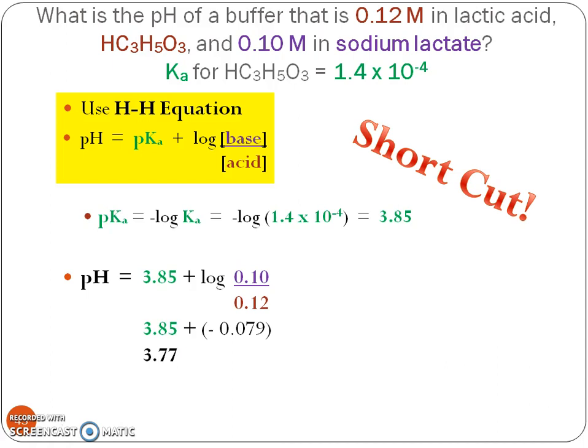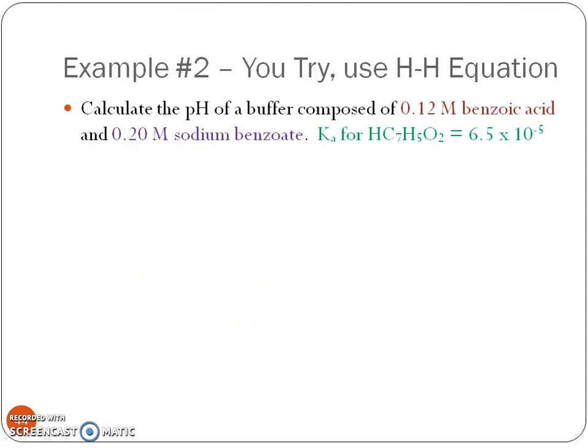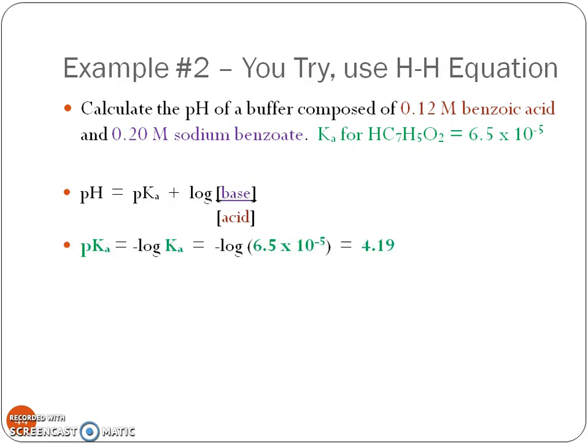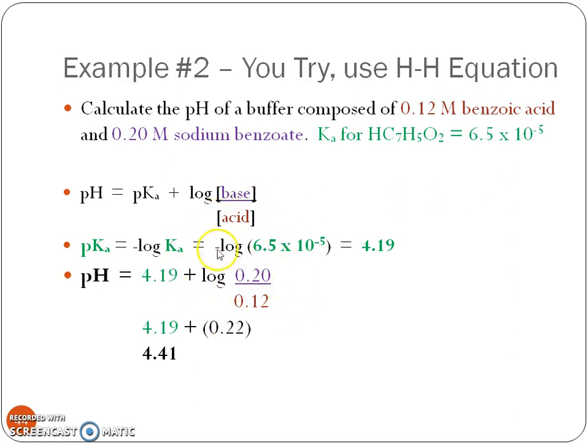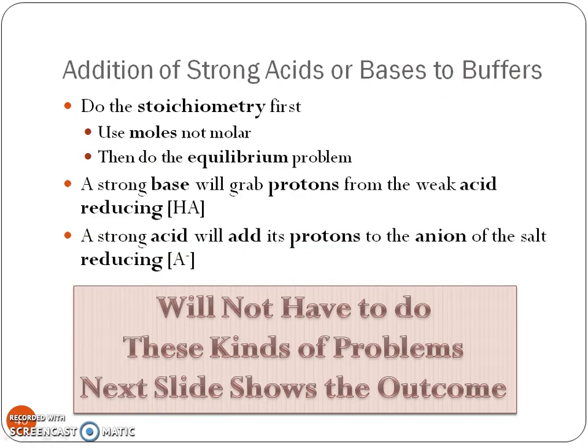So you can do it either way, but this is a nice shortcut when we're talking about a buffer. So give it a try, use the HH equation, pause, and then play and make sure you get the right answer. So hopefully nice and easy for you. Just make sure that you're doing that log of that ratio correctly in your calculator.